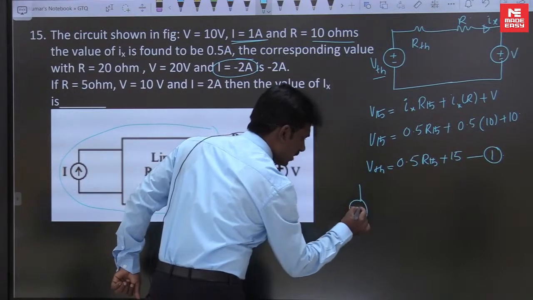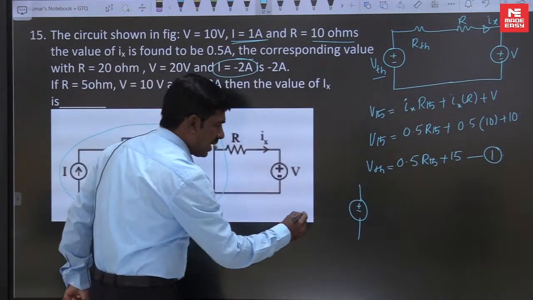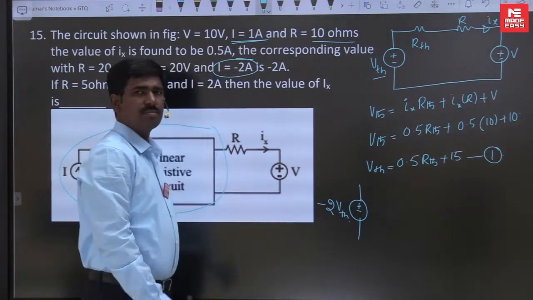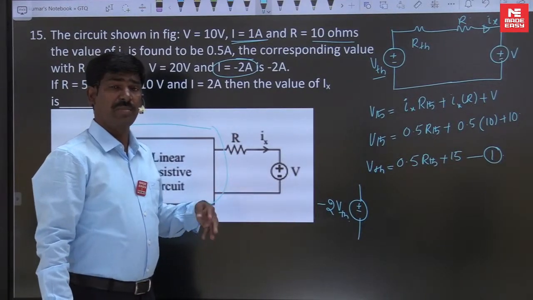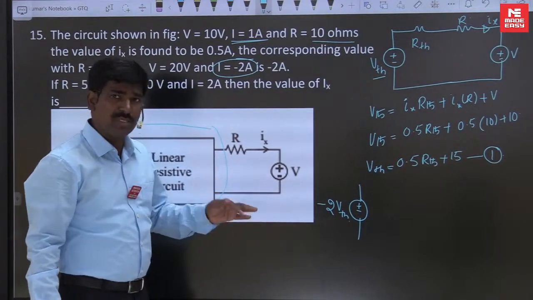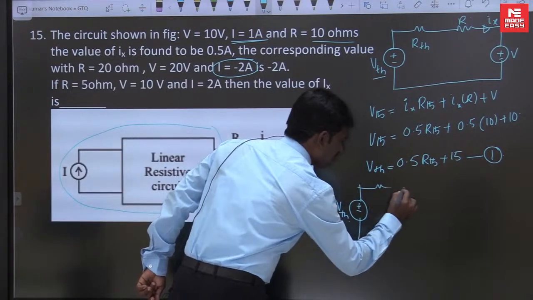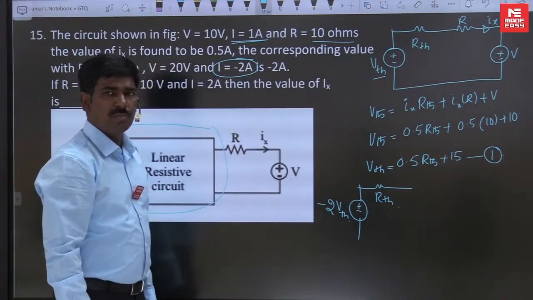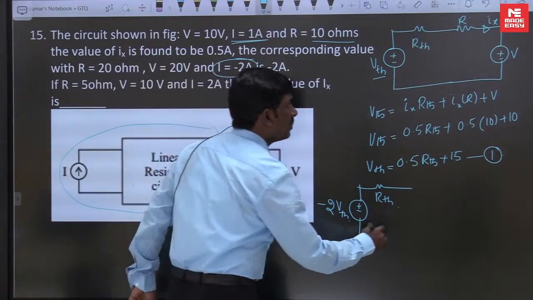At 1 ampere it is VTH, so at -2 amperes it is -2 VTH. Yes or no? If it is +2 amperes, it is 2 VTH. RTH has no change. The source current has no effect on RTH, because when finding RTH the source current is open circuited. Same R.